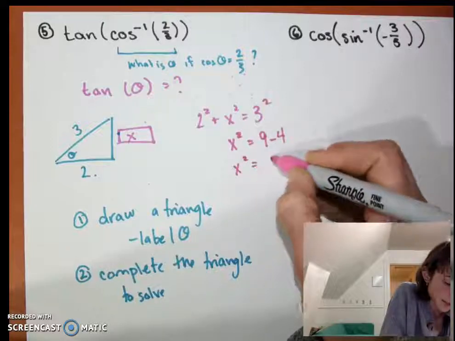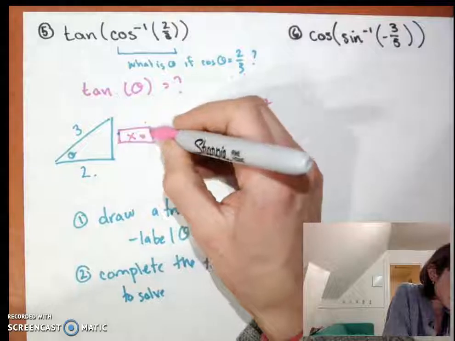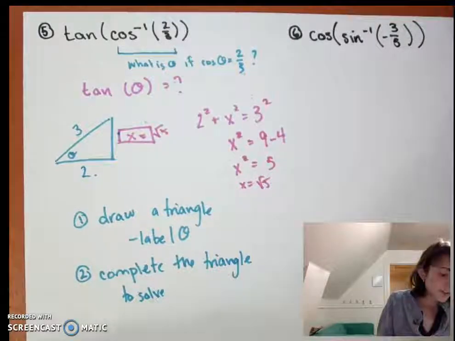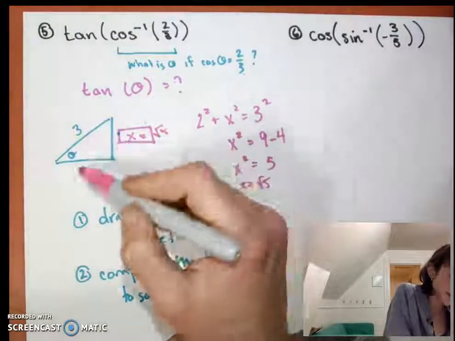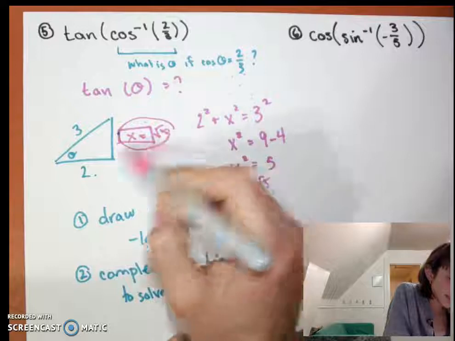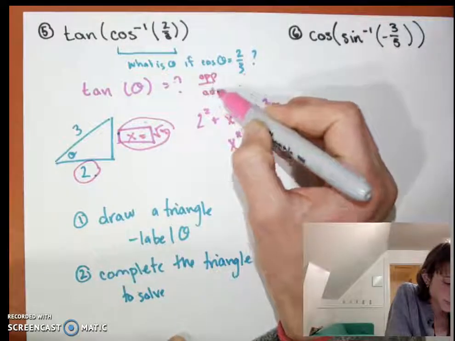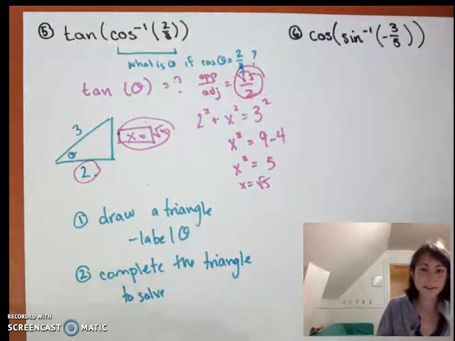So x squared equals 5, and x equals square root of 5. So finally, to solve this, I say, well, tan of theta is the opposite over the adjacent. So it's root 5 over 2, and that's my final answer.